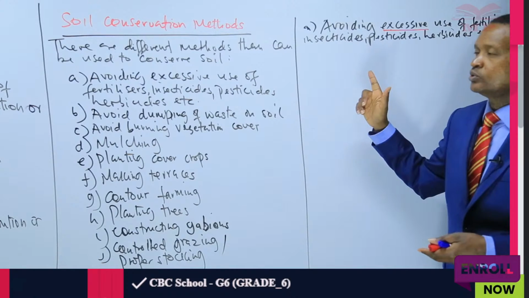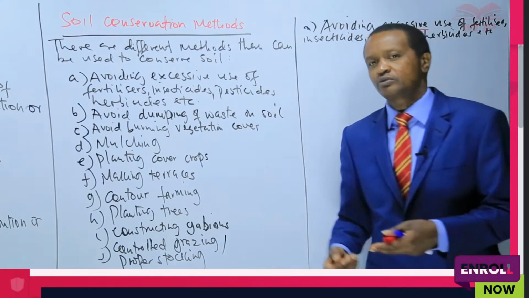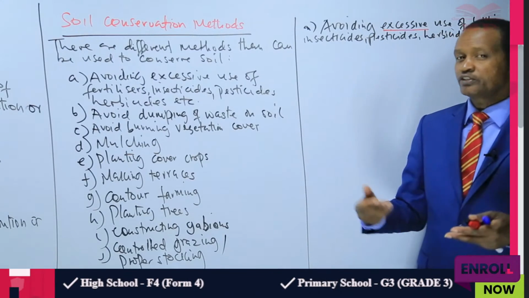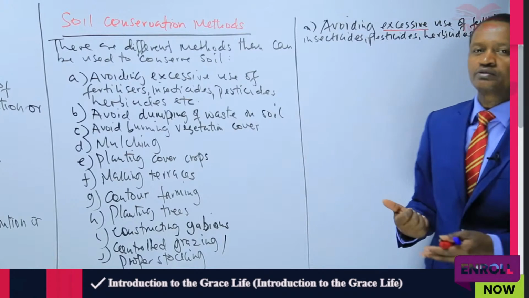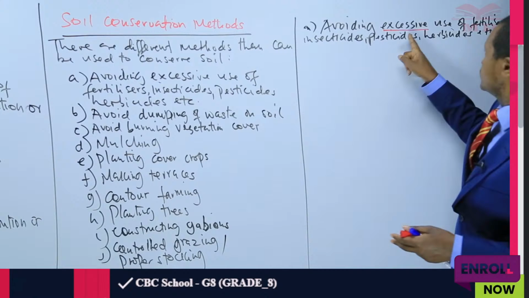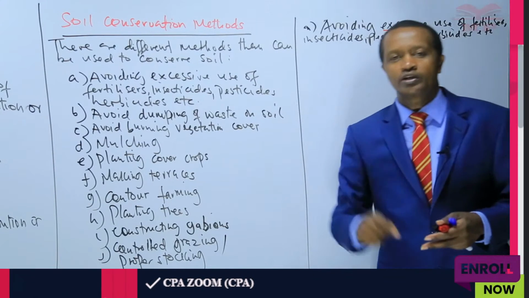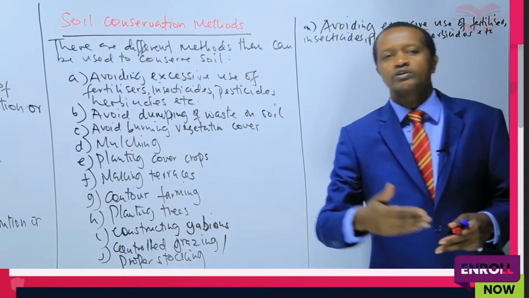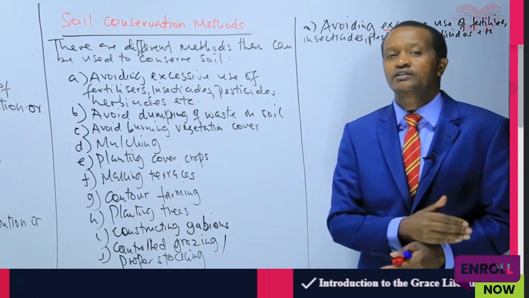So learners, we should therefore avoid excessive use of these chemicals, and we should strictly follow instructions when using them, because instructions are always given by manufacturers on how to use these chemicals. Another way to avoid excessive use of these chemicals is to use manure instead of chemical fertilizers in order to improve soil fertility.